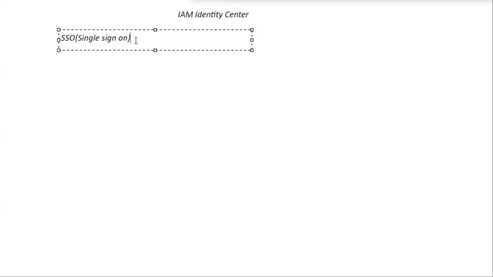So that we call single sign on. I hope you understood what is single sign on. By using this IAM Identity Center service in AWS, we can provide single sign-on for a user.